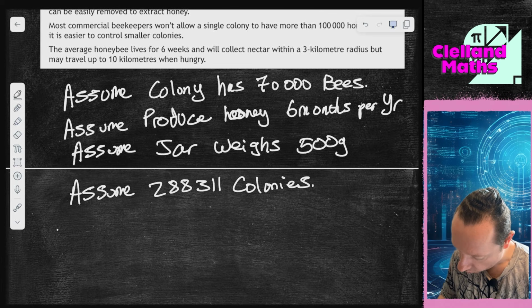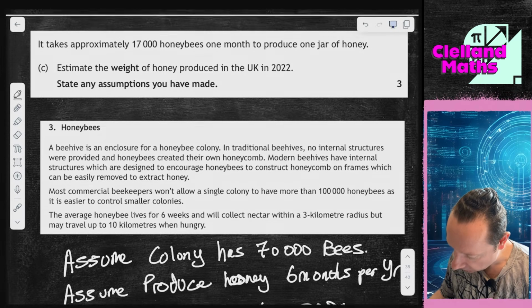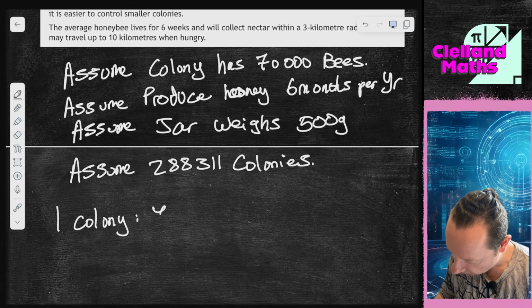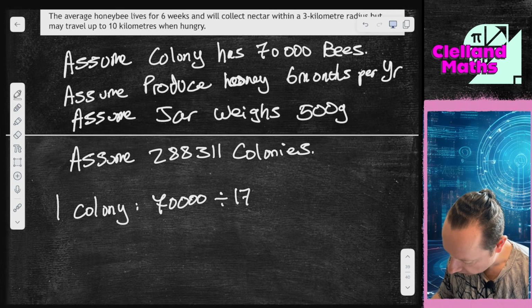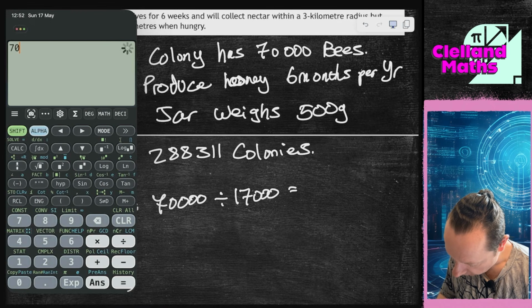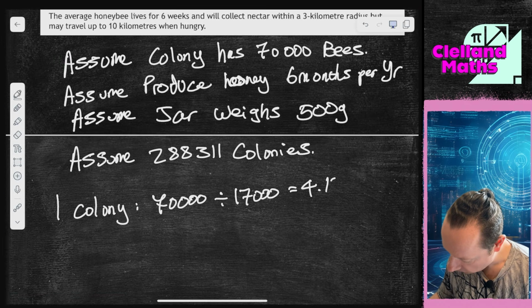Right, so let's look at one colony then. The question says 17,000 honeybees to produce a jar. A colony we're saying has got 70,000. So 70,000 divided by 17,000 is about 4.12 jars.